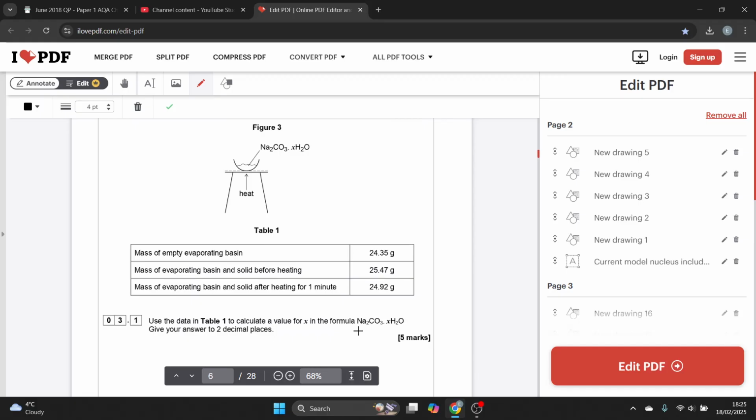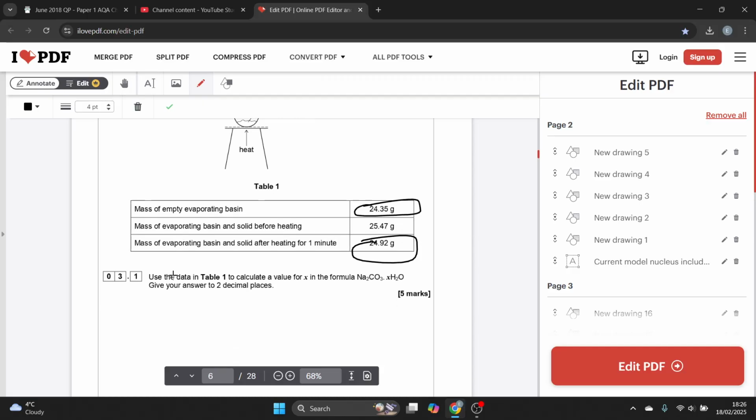I want to find the mass of sodium carbonate. So it's going to be the mass of evaporating basin and solid after heating, minus the mass of evaporating basin, and that will give me the mass of sodium carbonate.